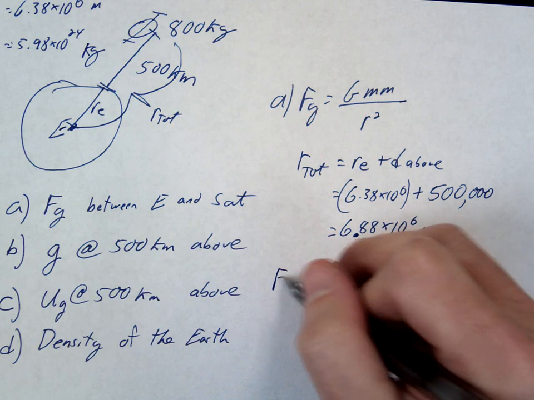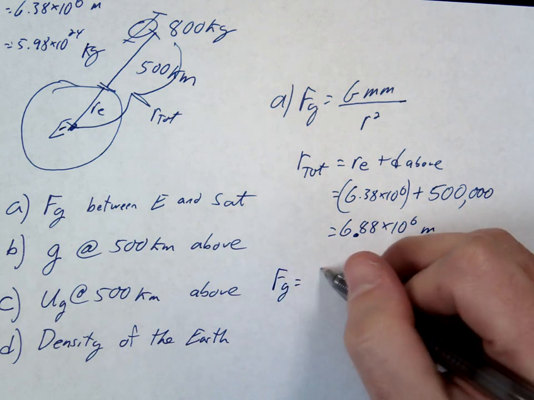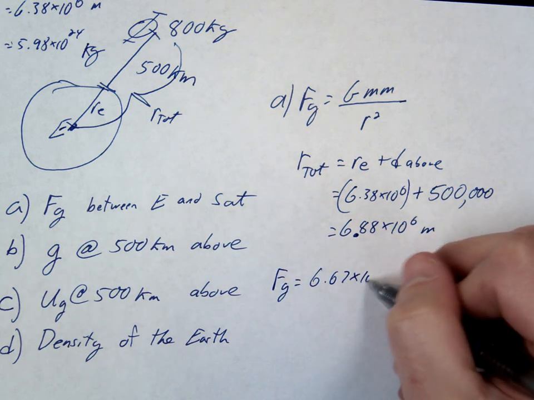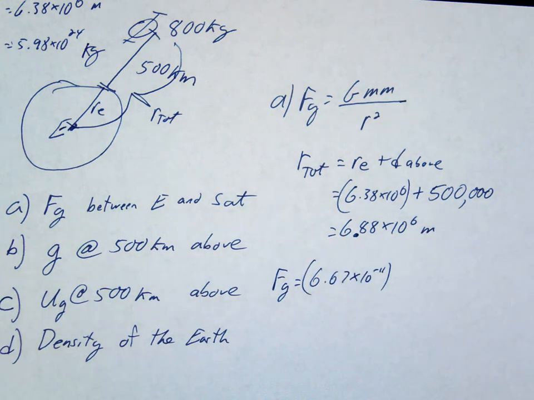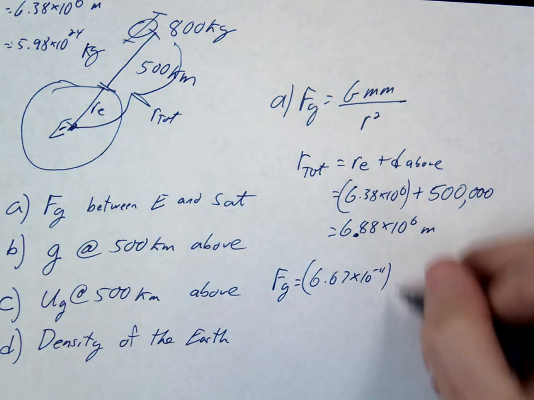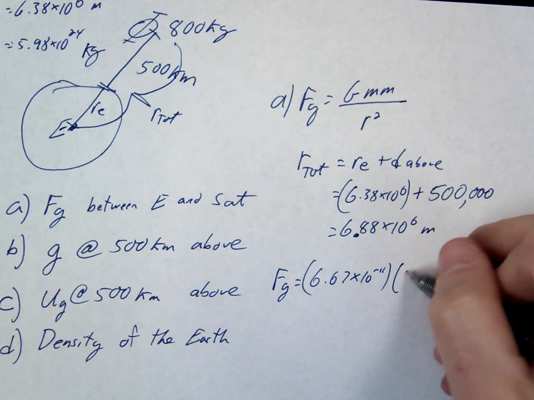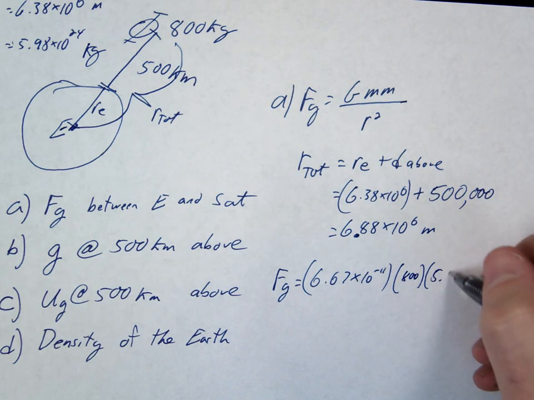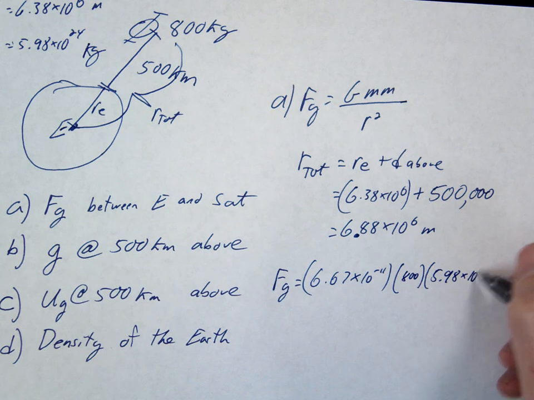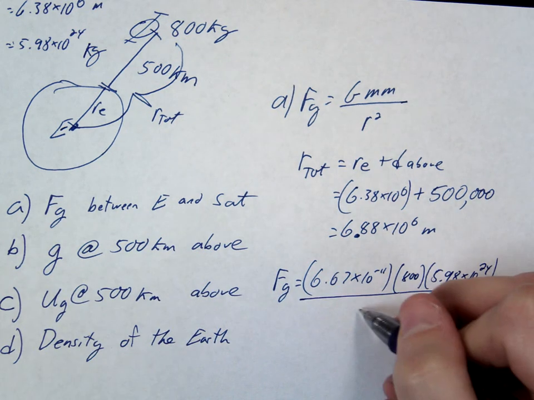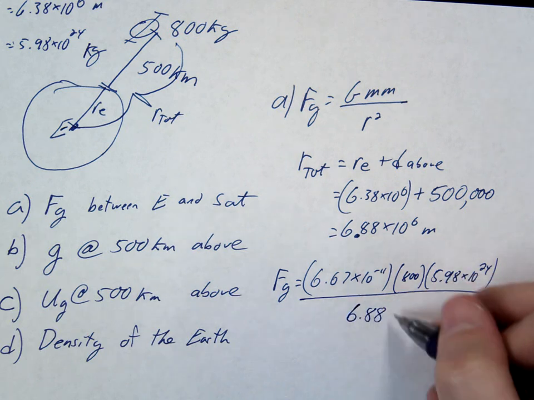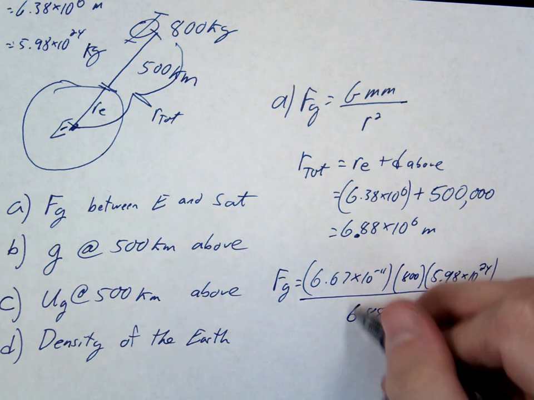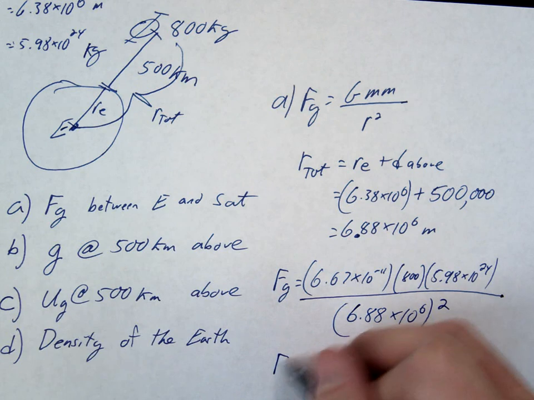Okay, so when we go for FG, we're going to do big G times the mass of the satellite times the mass of the Earth, divided by, now we're going to use this total distance, we're going to square it out.